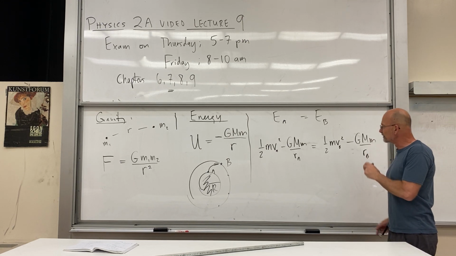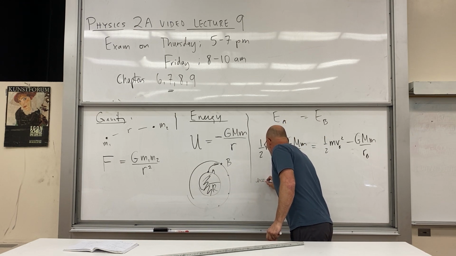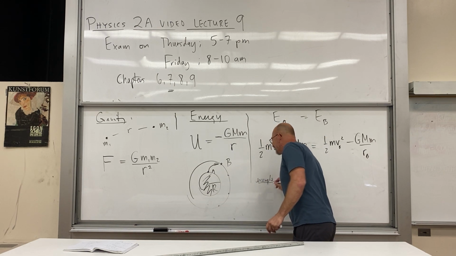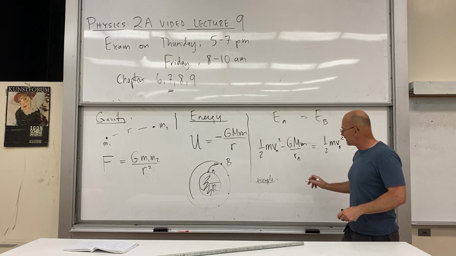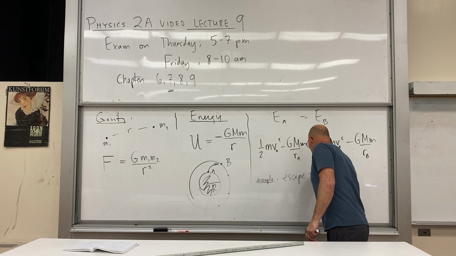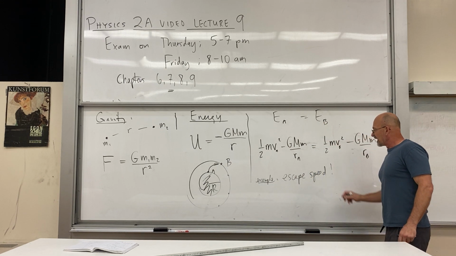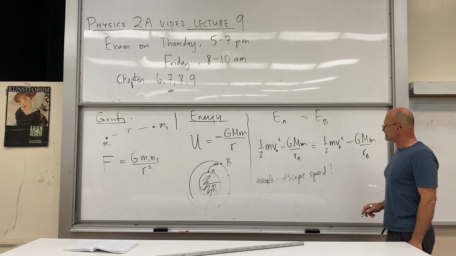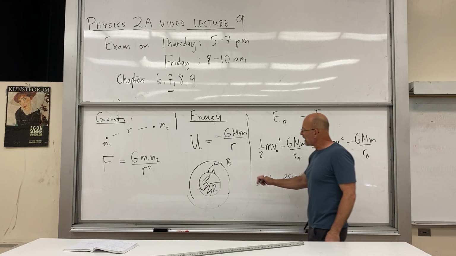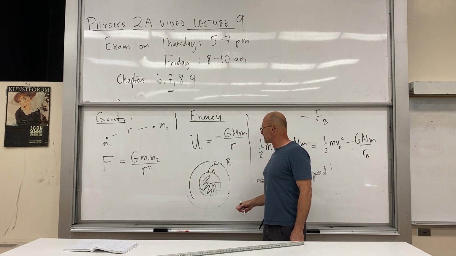So what were some of the important examples here? Escape speed, that one was interesting and very important. So escape speed, and what that meant was we're blasting off with some really high speed here on the surface of Earth.